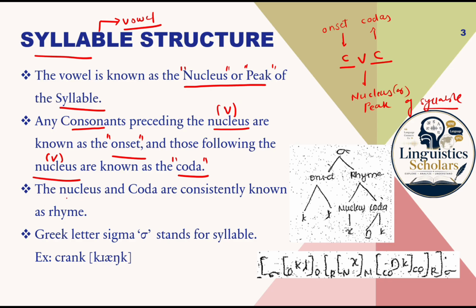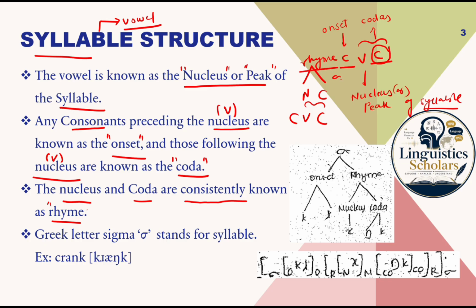The nucleus and coda are together known as the rhyme. Coda is nothing but the consonants which follow the vowel. These two, as in CVC, the nucleus and coda, are combinedly called the rhyme.